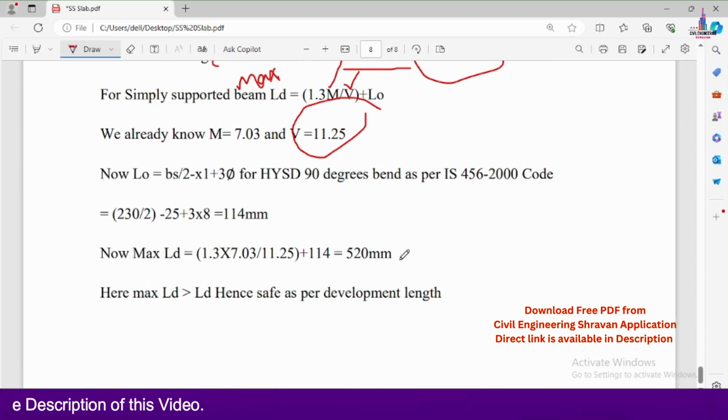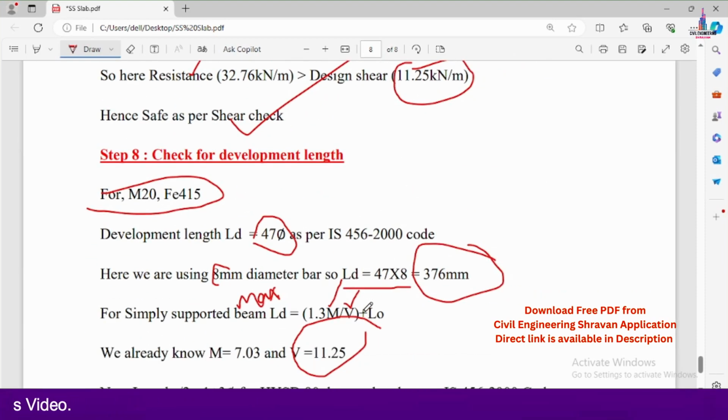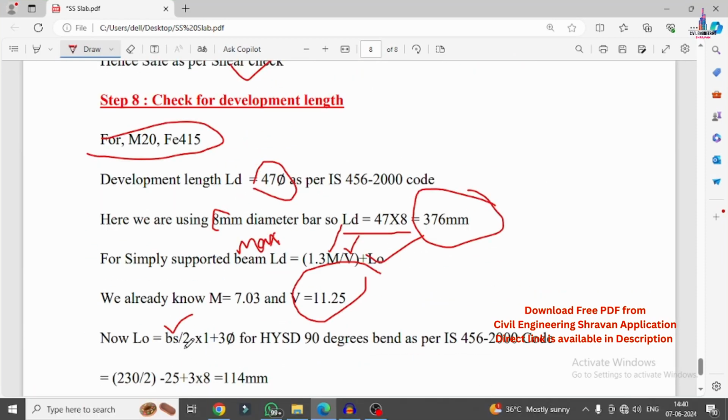Again we have to calculate the value of L0. The L0 value is calculated using the width of the support divided by 2 minus x1, the side cover, plus 3 times phi. For a 90 degree bend of the HYSD bar, this is the formula we have to consider as per the IS code.